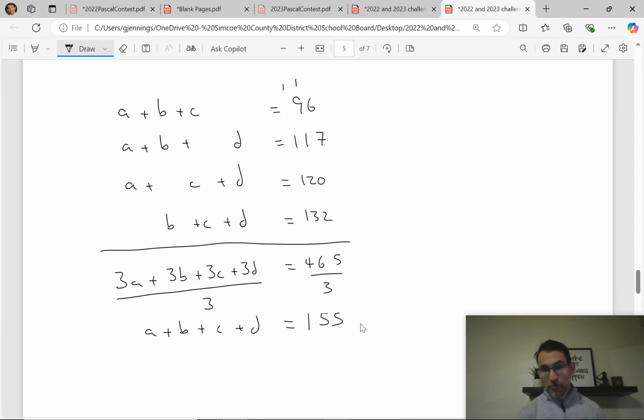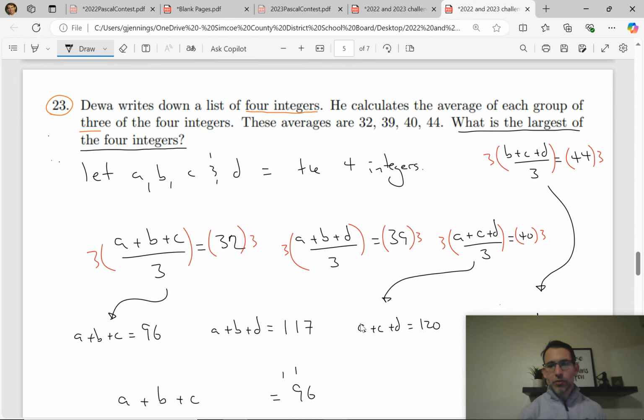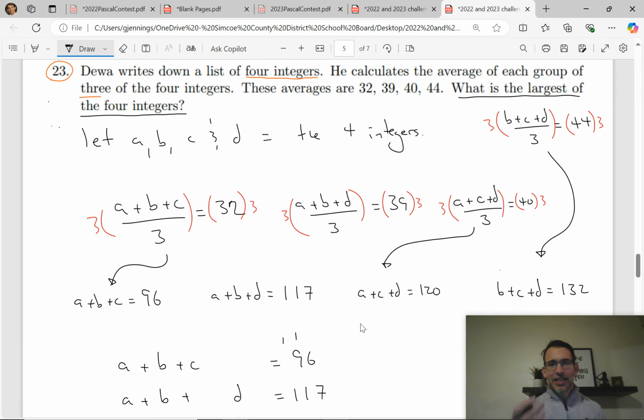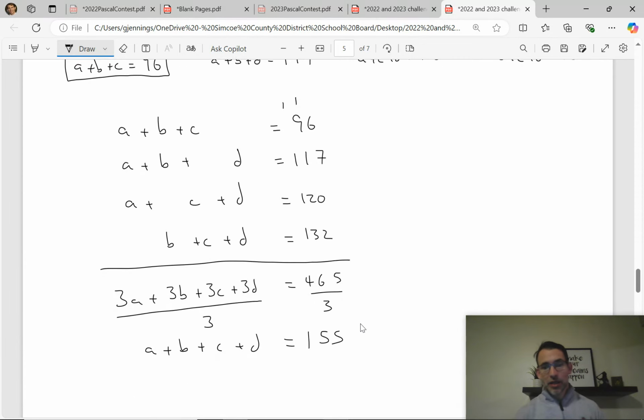Cool, right? Now, let's go back to what we want. What is the largest of the 4 integers? Well, the largest one must be this one, D, because it was involved in all the bigger averages. And I also have this equation here, A plus B plus C equals 96. So watch what I can do with A plus B plus C equals 96.